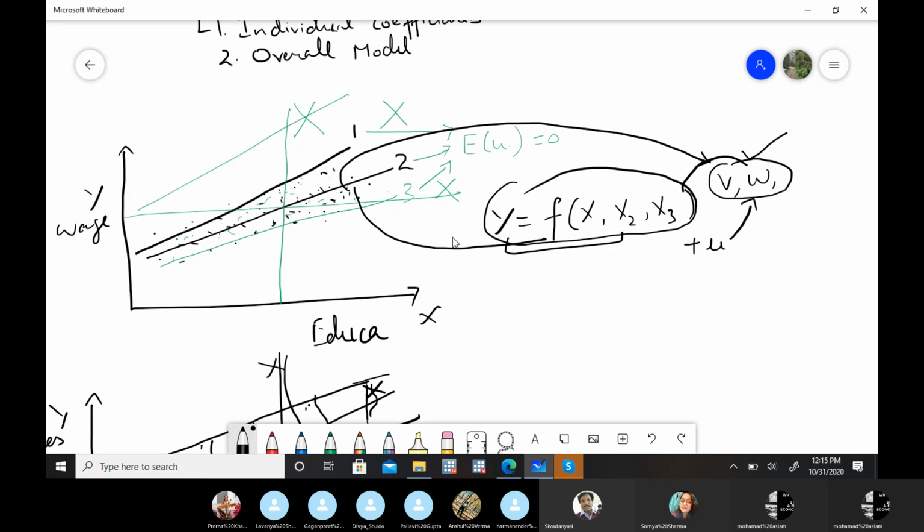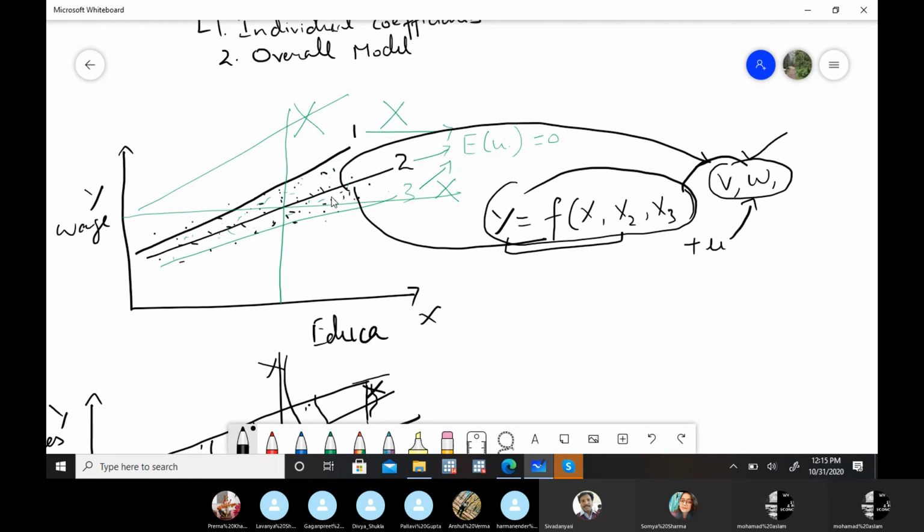In the beginning I told you this is not mathematics. You asked how much mathematics is required; it's not mathematics, it's just connecting the dots. It's just understanding the regression behavior, where you try to find the relationship among the variables, but you also have to understand the behavior of the unknown factors.